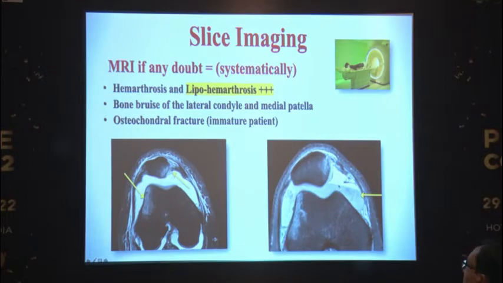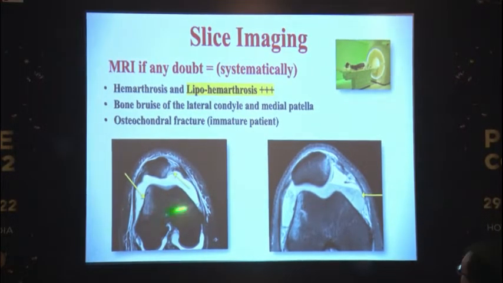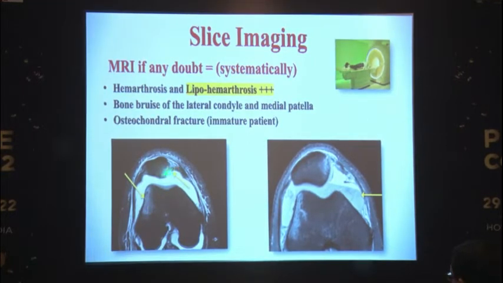The lipohemarthrosis is absolutely pathognomonic of a patellar dislocation, because you have some blood in the knee because of the MPFL avulsion, but you also have some fat coming from the bony avulsion or the bony fracture. So you will look at the bone bruise on the lateral side of the patella, and the bone bruise on the patella side. So this is typically some imaging of a first-time patellar dislocation.